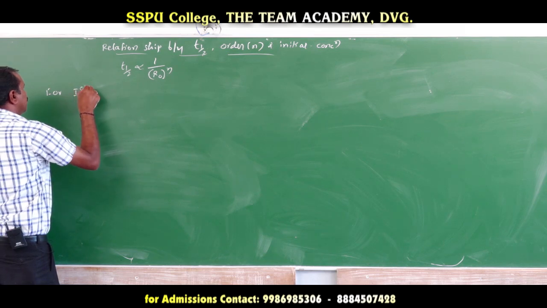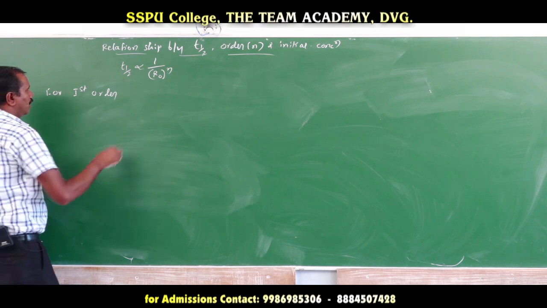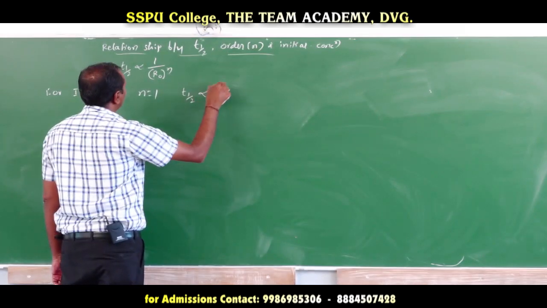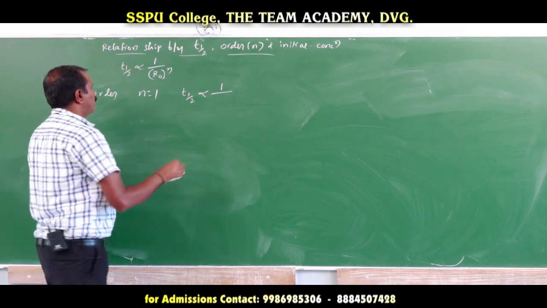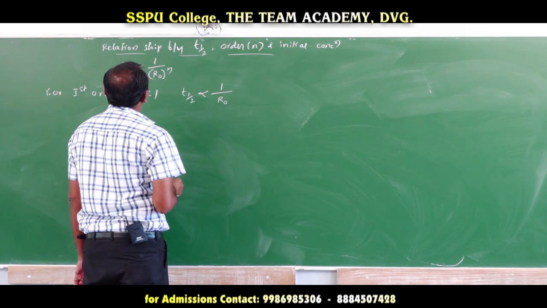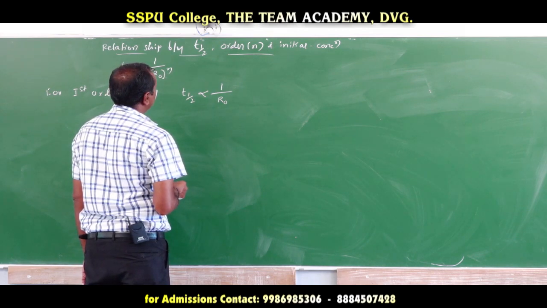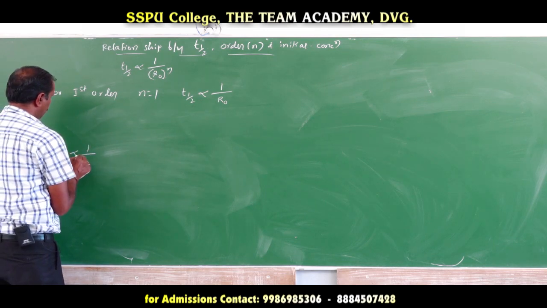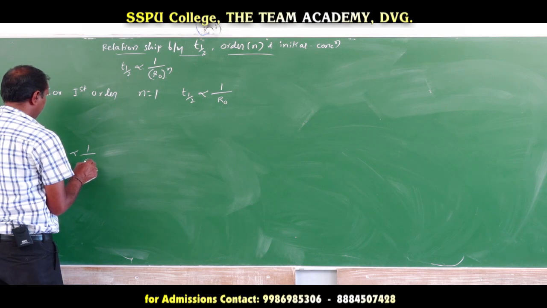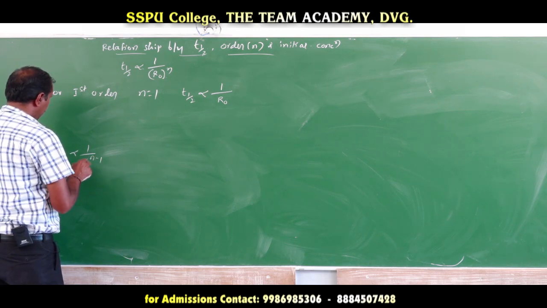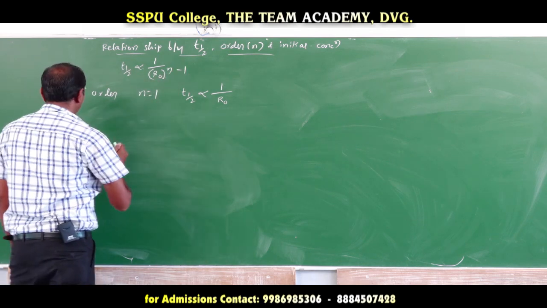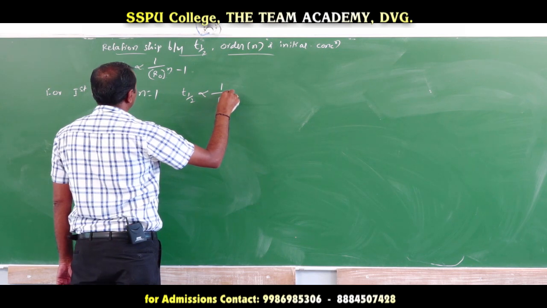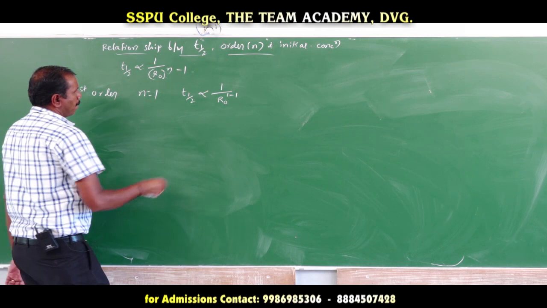For first order, where the n value is 1, T half is directly proportional to 1 by R naught to the power of n minus 1. n minus 1 is 1 minus 1, which is 0.